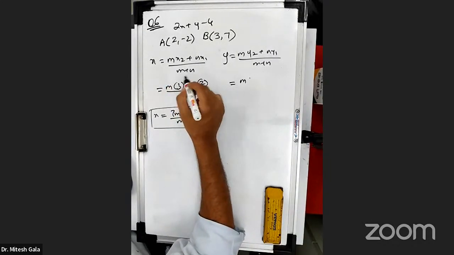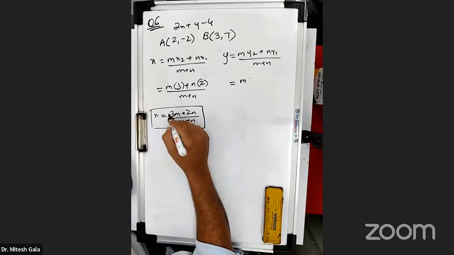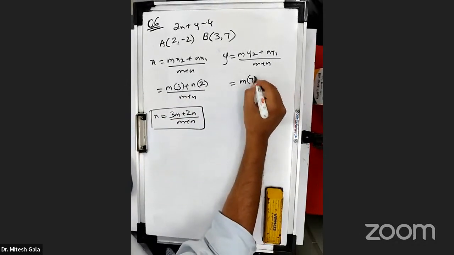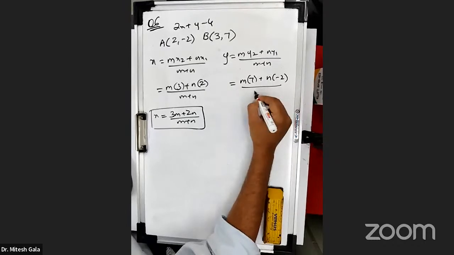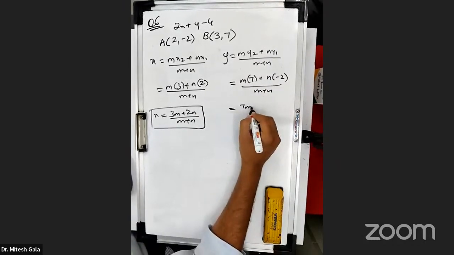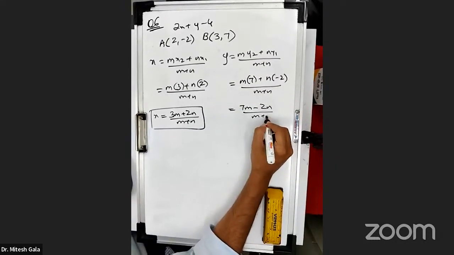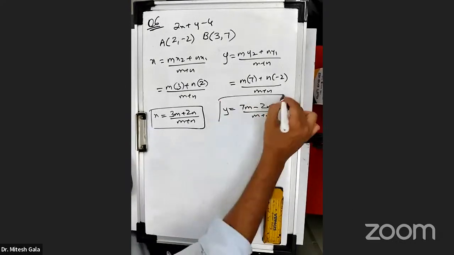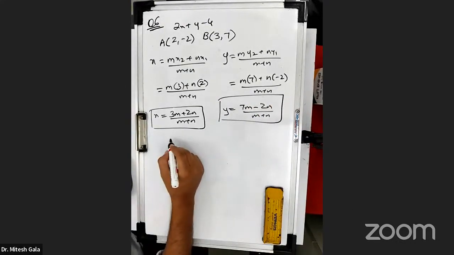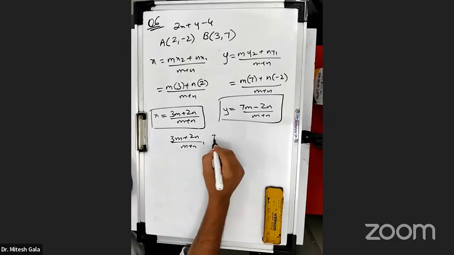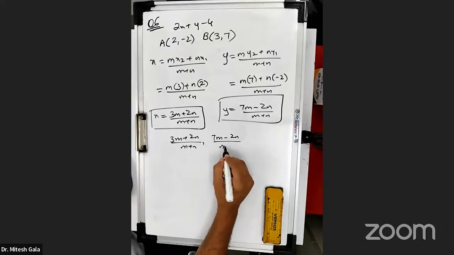This is 7 and minus 2. Then this will be m times 7, n times minus 2, so y is (7m minus 2n) upon (m plus n). Now this point basically is ((3m plus 2n) upon (m plus n), (7m minus 2n) upon (m plus n)).